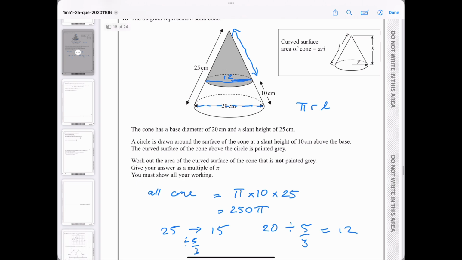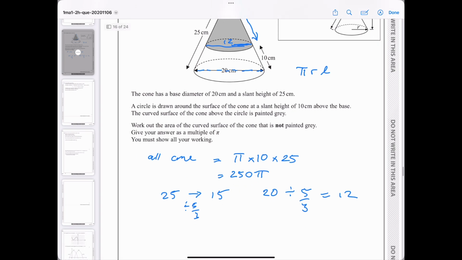Am I trying to find out the curve that is not painted grey? Okay, so I'm going to have to take that away. Now all we need to do is pi times 6 times 15, and we've got a calculator so we can do that. 6 times 15 equals 90, so that's 90 pi.